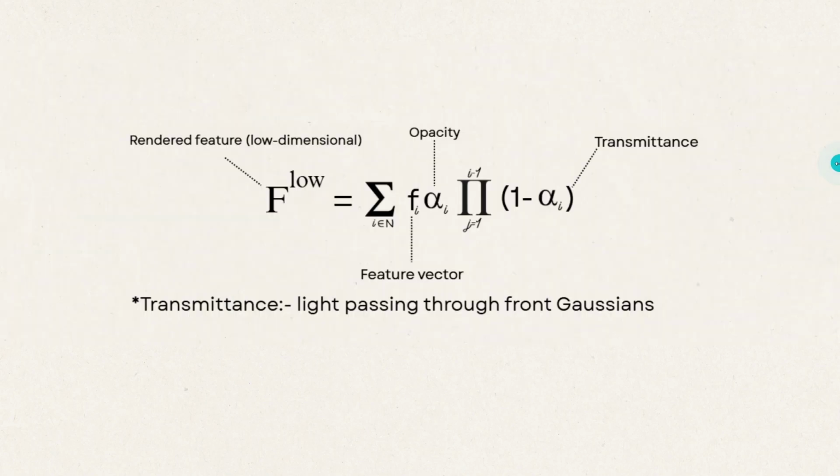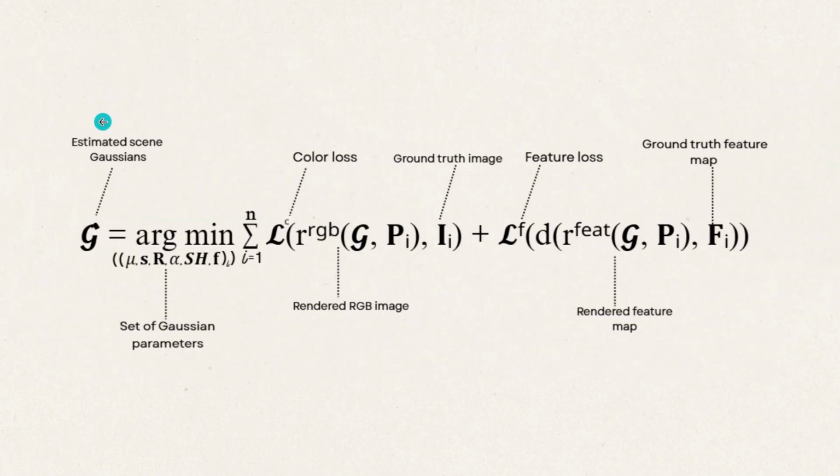The first is the RGB loss, represented by LC, and it just says, can we render the image back accurately? Second, there's a feature loss, LF. It says, when I render the feature map from this 3D structure, does it match what DINOv2 gave me in the first place?